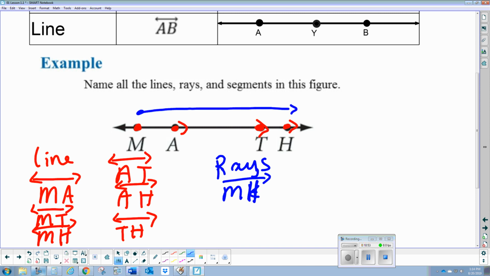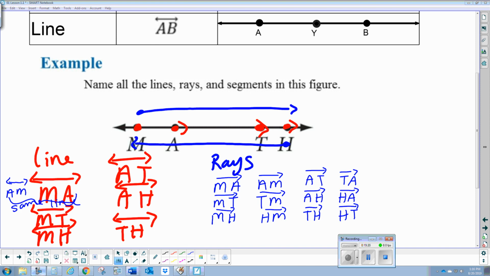Or a different ray would be HM. Okay, a different ray would be starting at H and going through M in the opposite direction. So take a minute and try to label all of the different rays. And then do the same with the segments. And then you can unpause the video and I'll show the solutions.